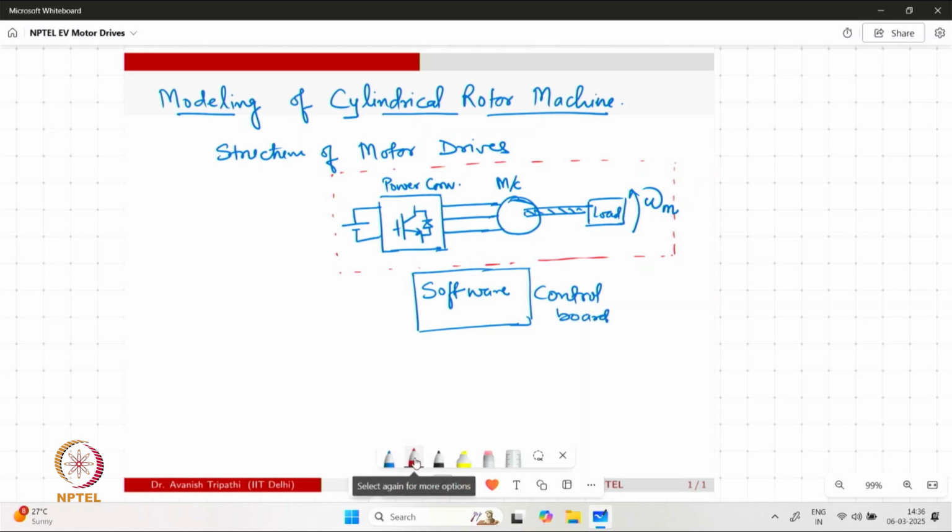The task of the control board is to understand what reference input is provided to the system, and based on the feedback, which is electrical and mechanical in nature, it provides the operating command to the inverter, which basically drives the motor.